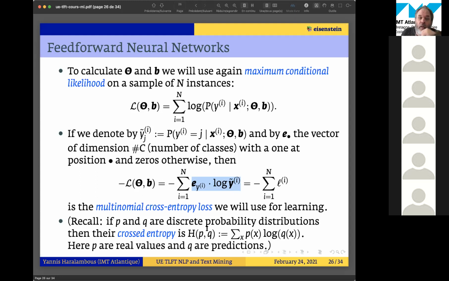And here's the formula when your probability distributions are discrete, which is our case. So the crossed entropy of P and Q, probability distributions, is the sum of P of x log Q of x for all x's, which means that if your probability distributions are different, then you will have a high crossed entropy.